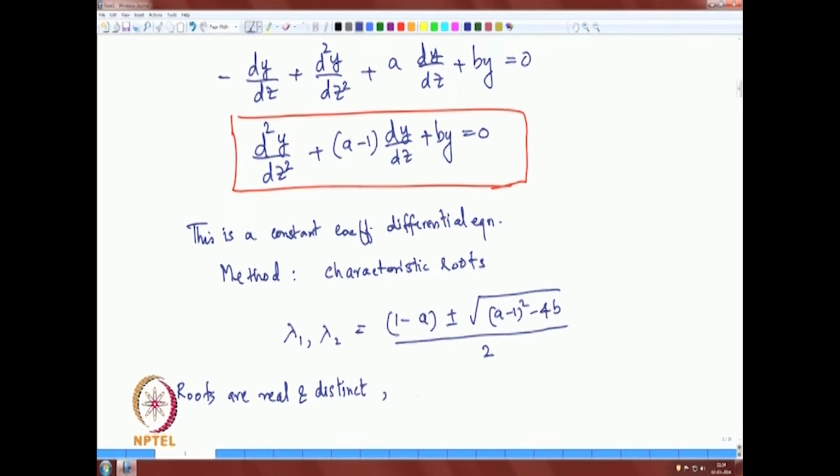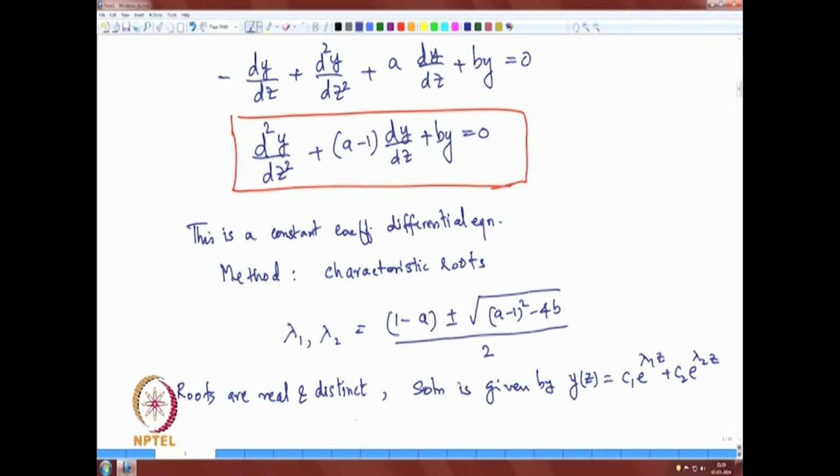Then the solution is given by y of z, remember the independent variable is now changed to z, y of z is given by c1 e to the power lambda 1 z plus c2 e to the power lambda 2 z.